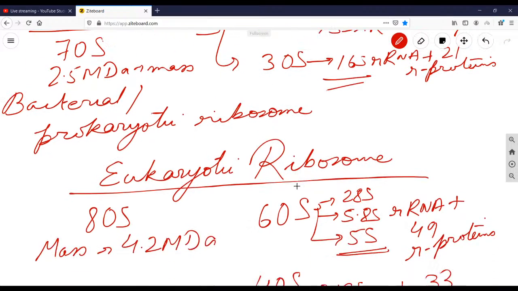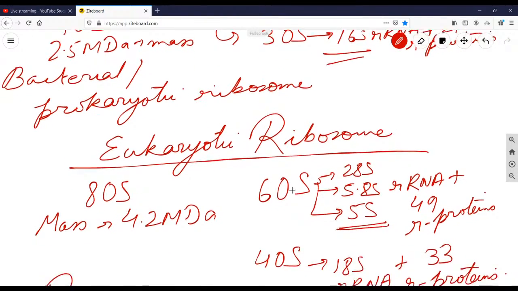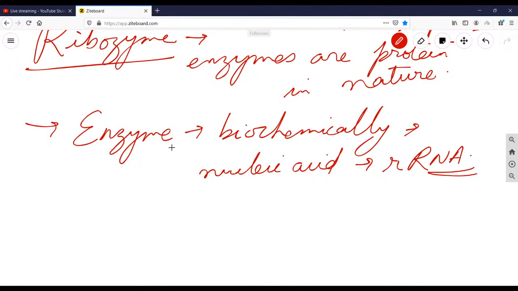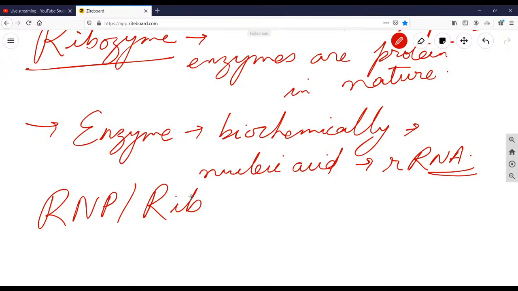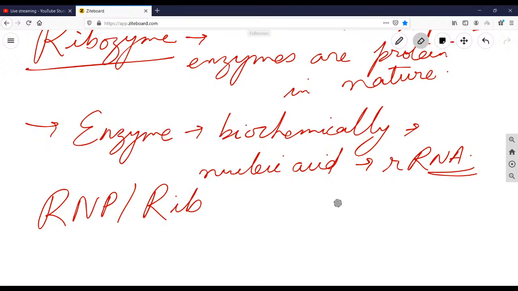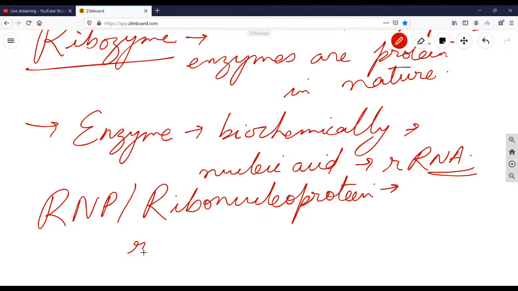So along with the property of being a ribozyme, ribosomes are also known as RNP, ribonucleoprotein, because they are made up of rRNA and protein.